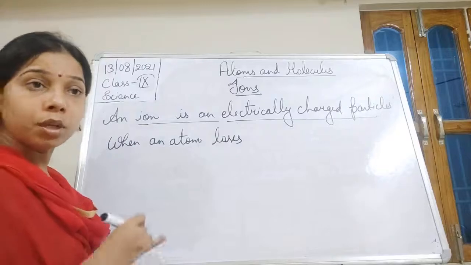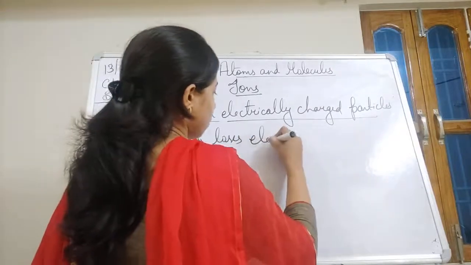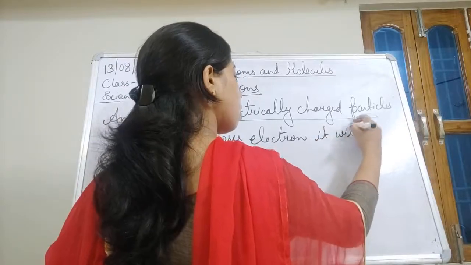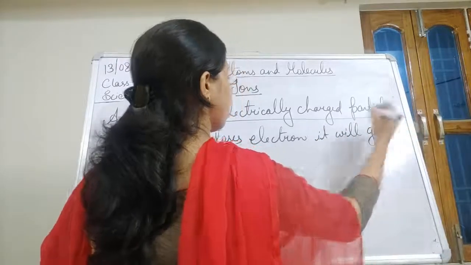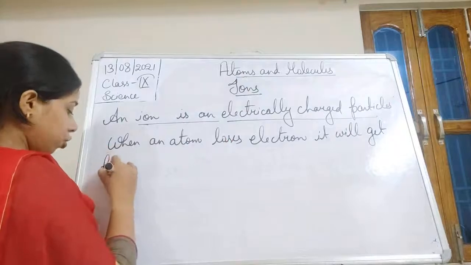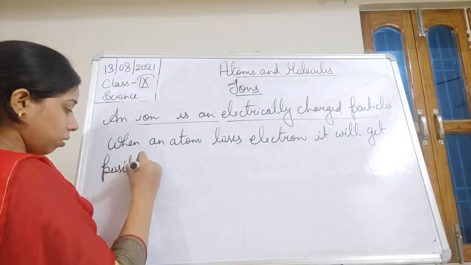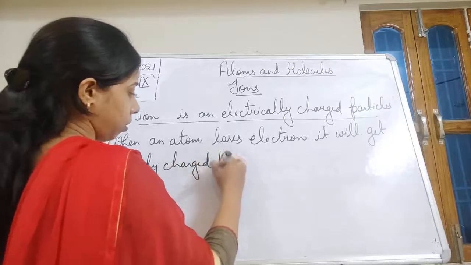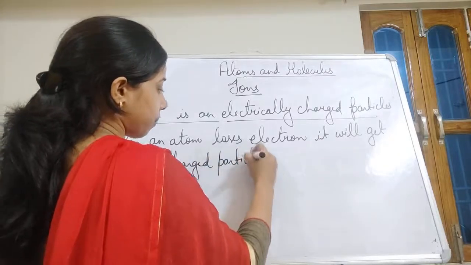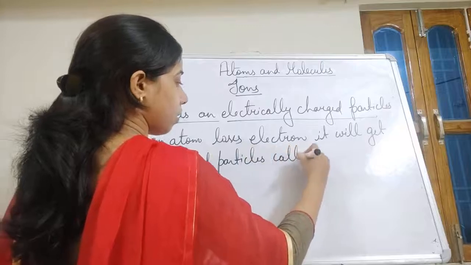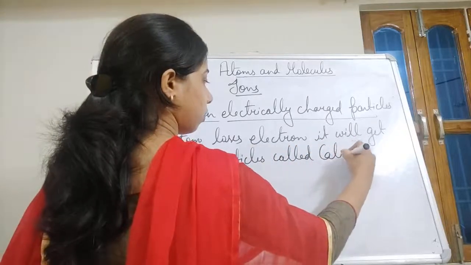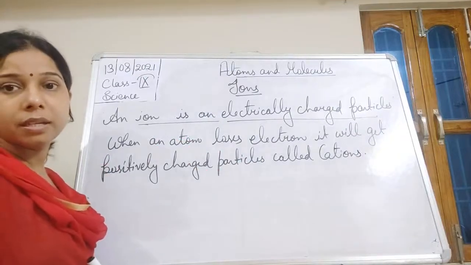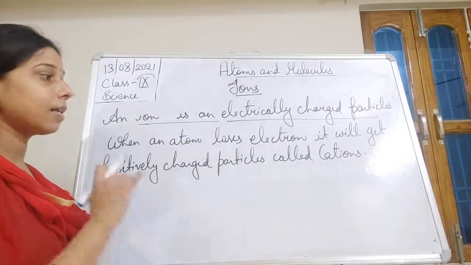When an atom loses electrons, it will get positively charged particles called cations. It will get a positively charged particle that is called a cation.